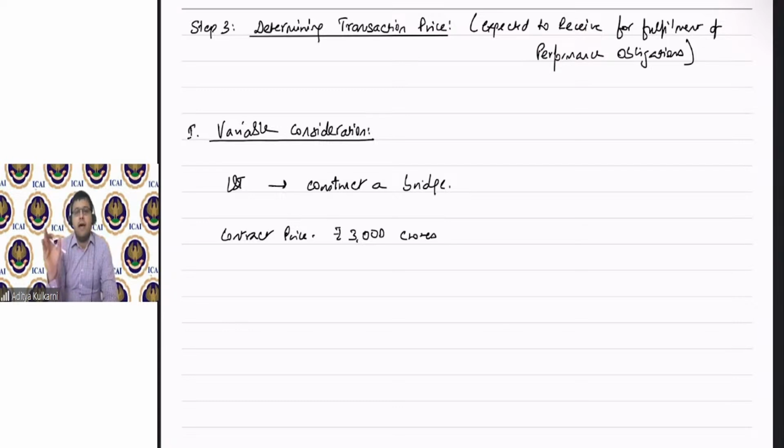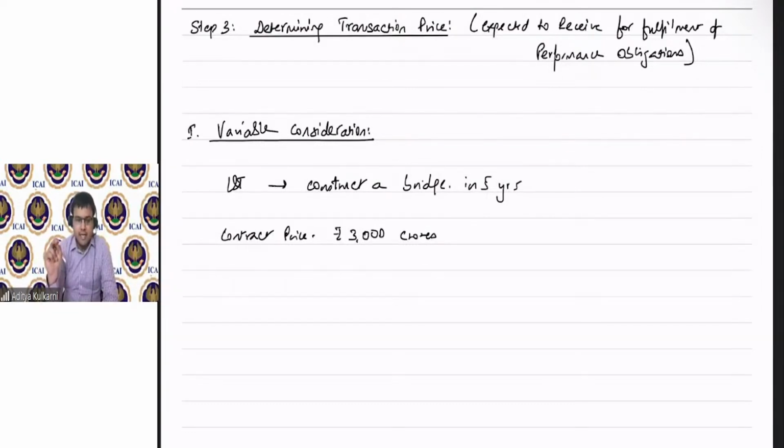The time span given is 5 years. Construct a bridge in 5 years. That means at the end of 5 years, L&T must give the bridge constructed to the government that has awarded the contract for a consideration of rupees 3,000 crores.